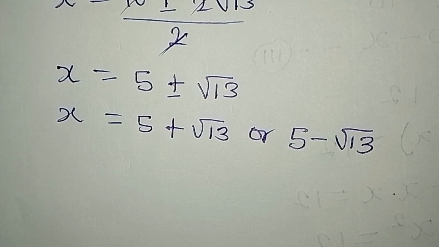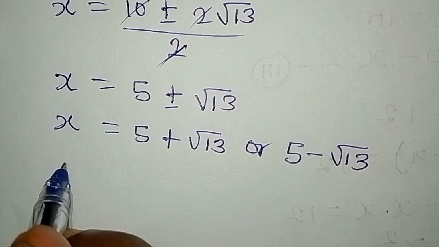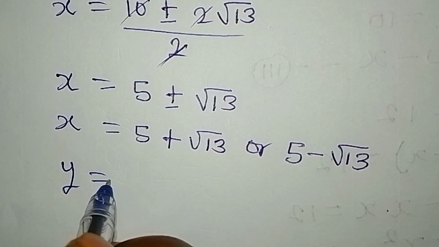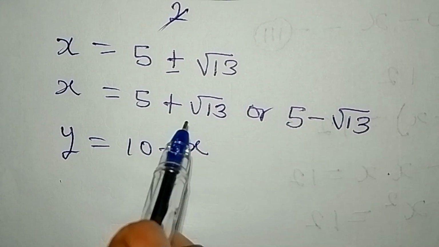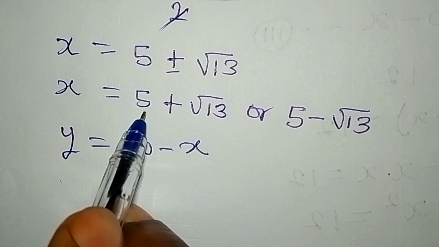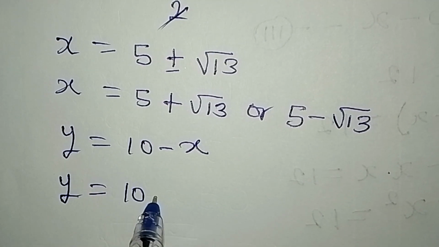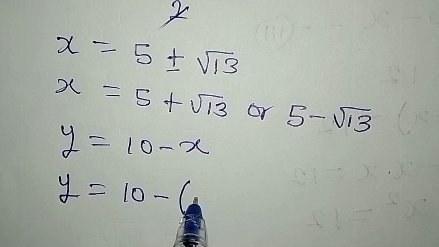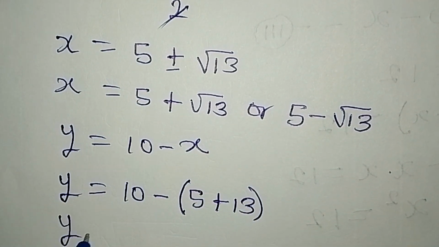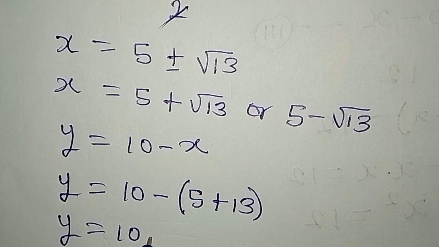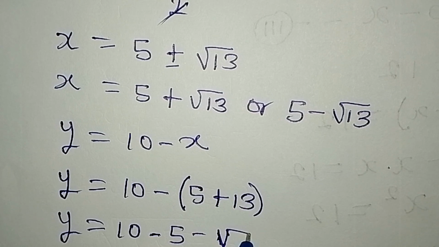To get the value of y, we go back to equation 3, which is y equals 10 minus x. So now when x is 5 plus root 13, we have y equal to 10 minus, in place of x, write 5 plus root 13, so that y will be equal to 10 minus 5 minus root 13.